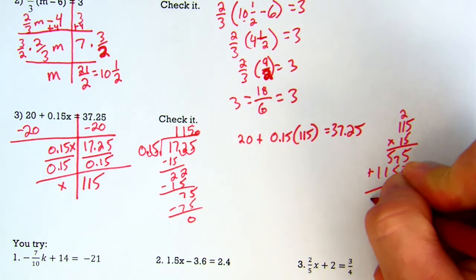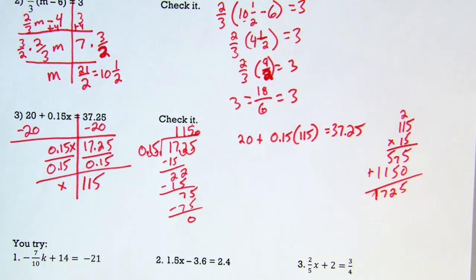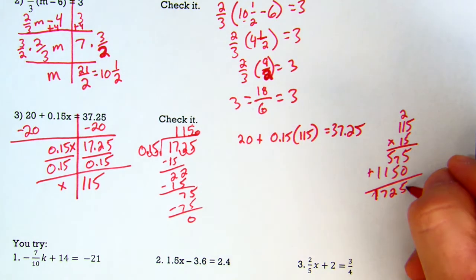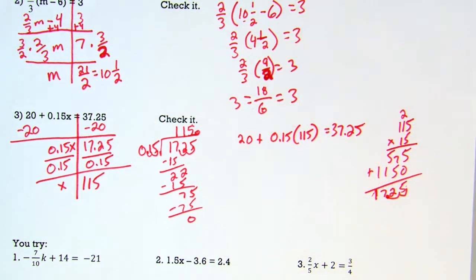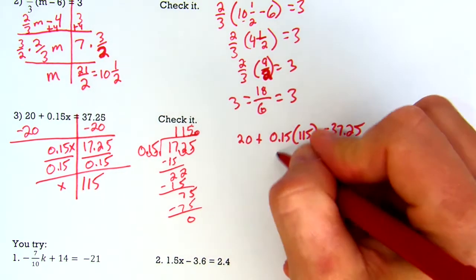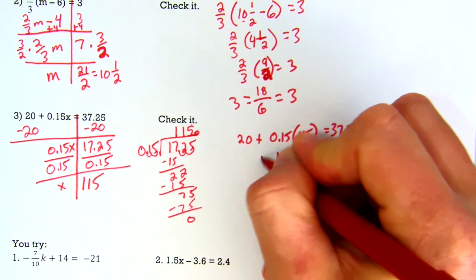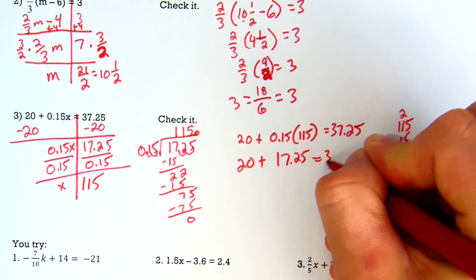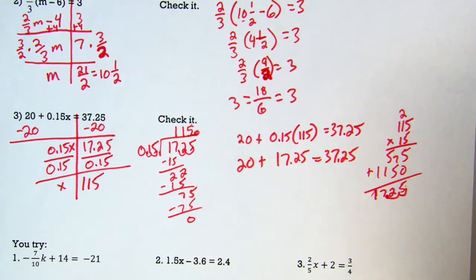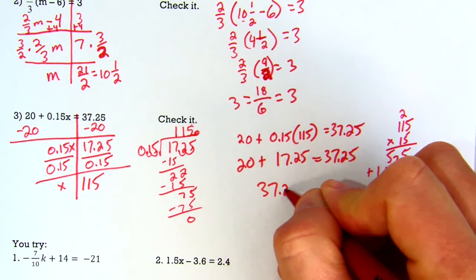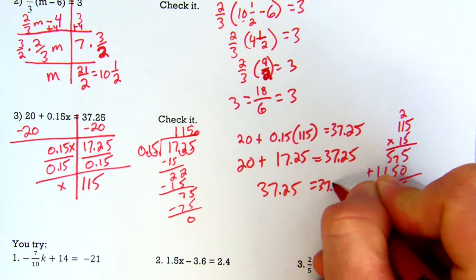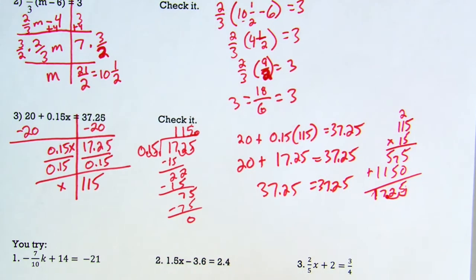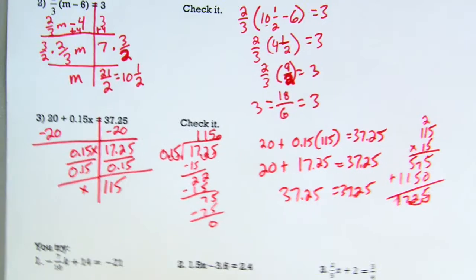Go ahead and add all this up, and I get 1,725. Move my decimal place over back twice to get 17.25. Go ahead and combine these two, and I get 37.25 is equal to 37.25. So yes, it does work out.